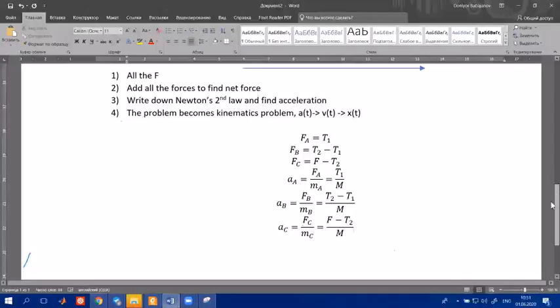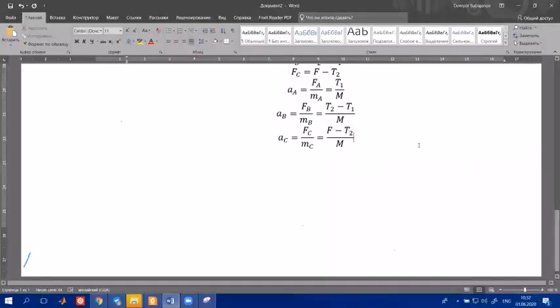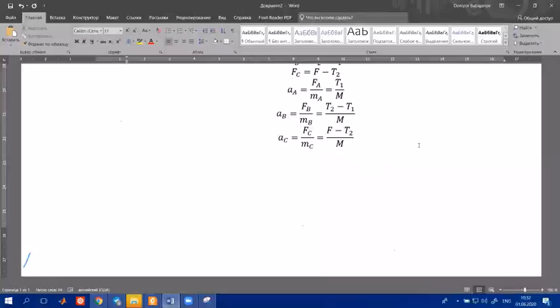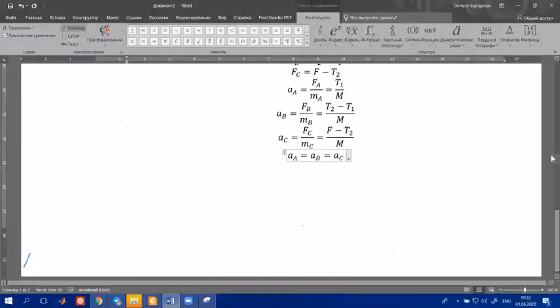And another thing which is not written here, but you should think about by yourself, is that all three bodies are connected with the rope, with the string, and that's why they have the same accelerations. So this you should conclude by yourself. So that means acceleration of A is equal to acceleration of B is equal to acceleration of C. This is important.